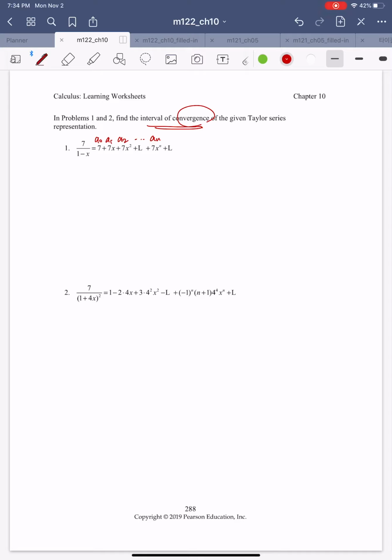You can see that a sub n is 7, and each a sub 1, 2, 3, all the way up, is 7 repeatedly. The next term afterward will also be 7. Therefore, a sub n plus 1 over a sub n equals 7 over 7, which is equal to 1.